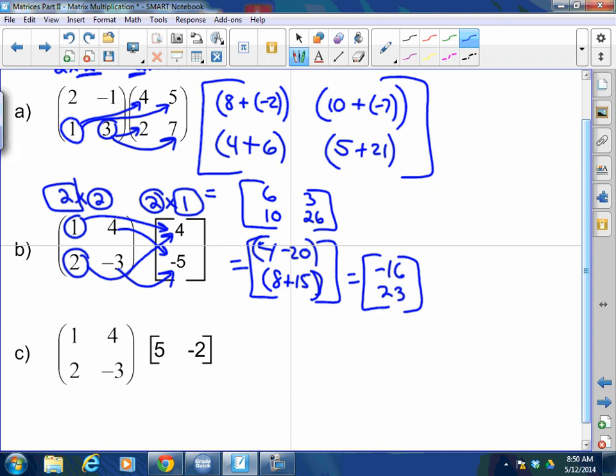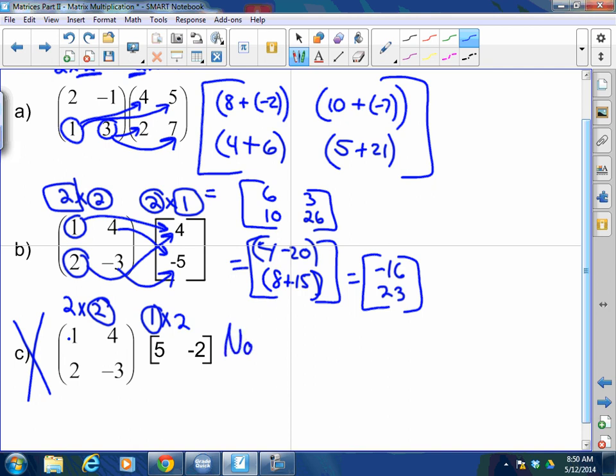Is that making sense, guys? Yeah. Okay. How about for C? I got a 2 by 2 and a 1 by 2. No. The columns of the first are not equal to the rows of the second. No. Wrong. Cannot do it. Yeah.